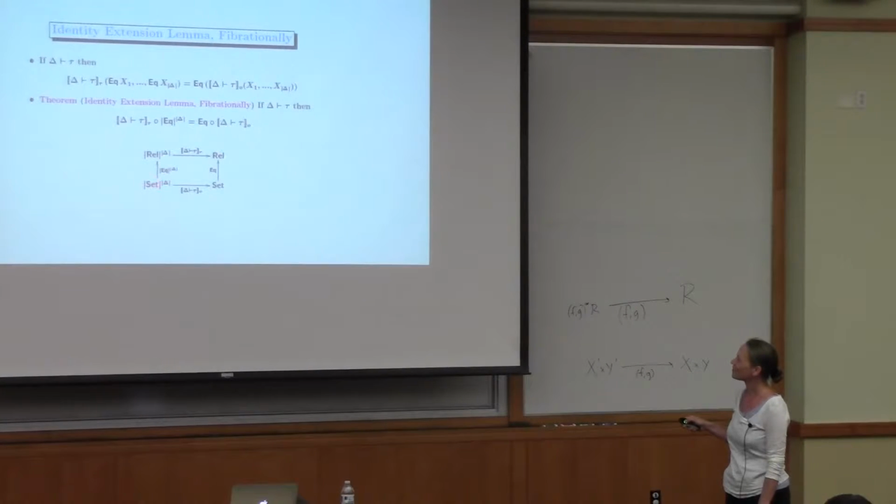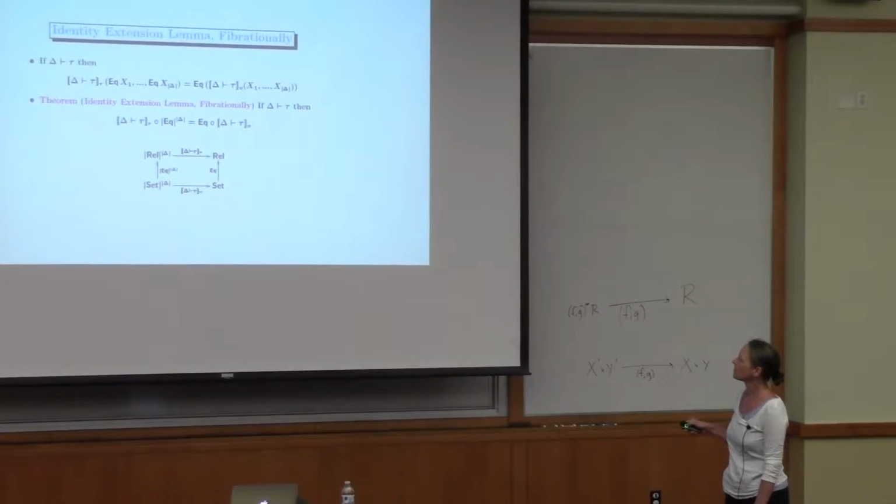First, I want to start down here with a bunch of sets. I want to form the equality relations on each of those sets. So that's what I've done here, right? Started with a bunch of sets, x1 through x cardinality of delta, form their equality relations. So now I'm up here. Now I interpret tau with respect to those relations. So now I'm over here. What do I get?